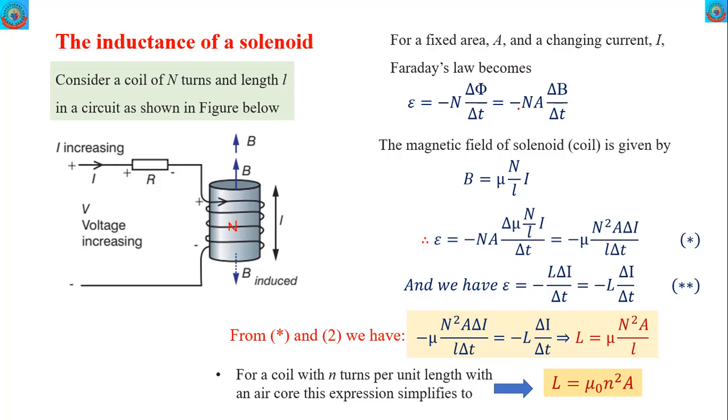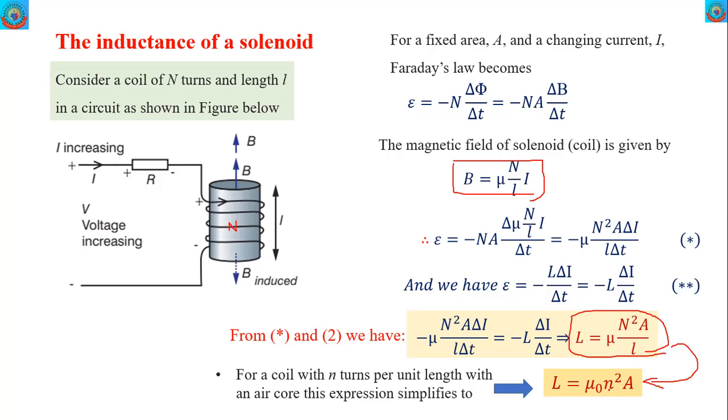So here it is number of turns times area times the rate of change of magnetic flux strength, but that magnetic field of a solenoid is given by this formula. So on substituting, what we finally get is L is equal to mu naught n square over a, that means this formula is reduced to this form.